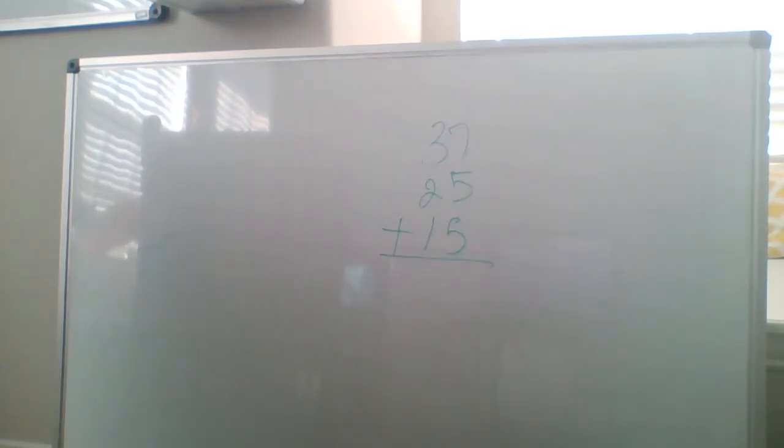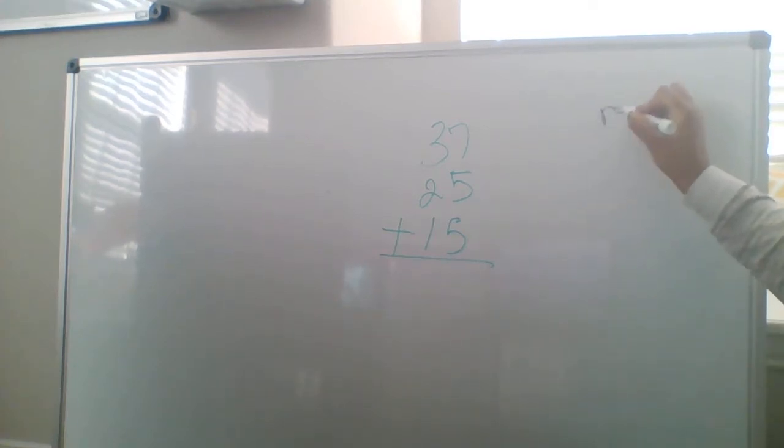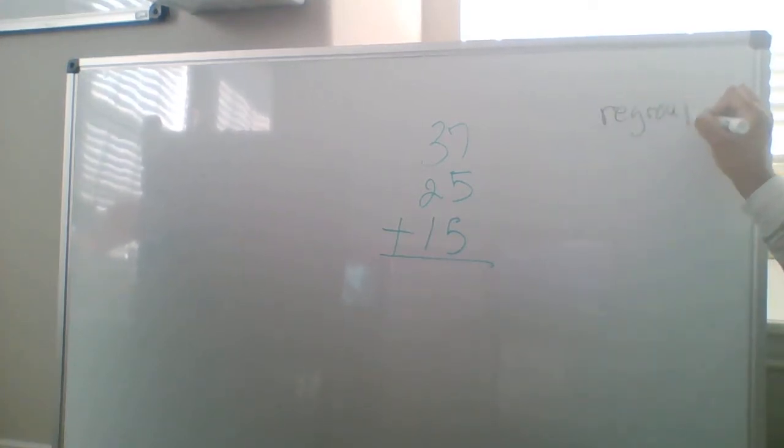Next example. Normally when we teach kids math like this, we teach them that we're going to do something called regrouping. But let me ask you a question. What does the word regrouping mean? Logically. Common sense. Think about the word regroup. Think of what the word regroup means.